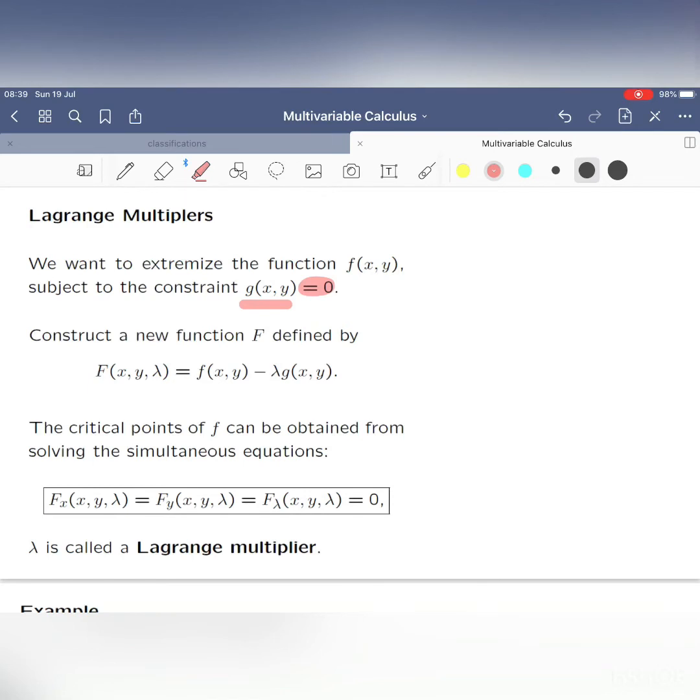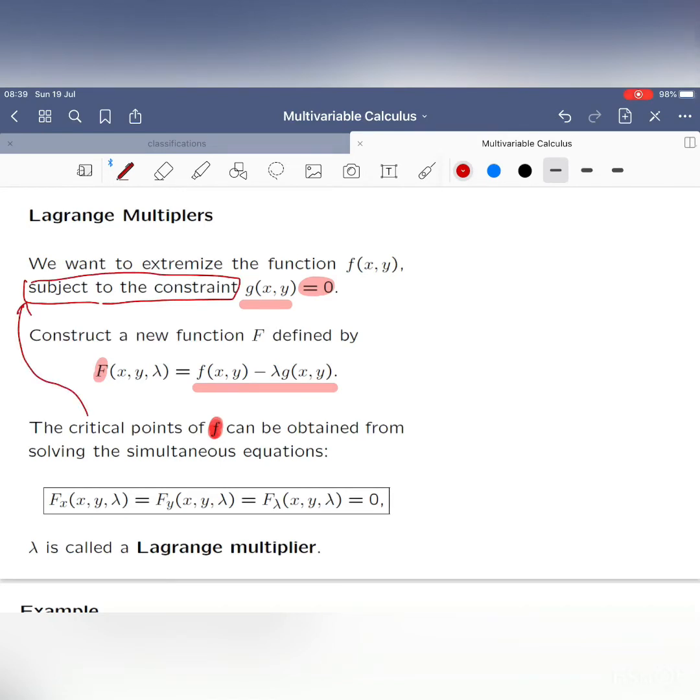So we are going to construct a new function capital F, which is the small f minus lambda g. Then the critical points of f, this is not the common critical point, but it is the critical point subject to this constraint as well.